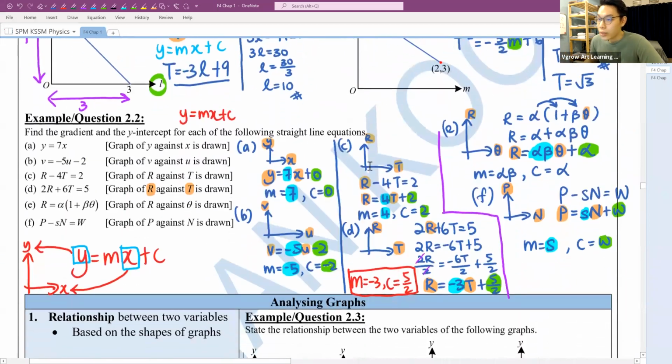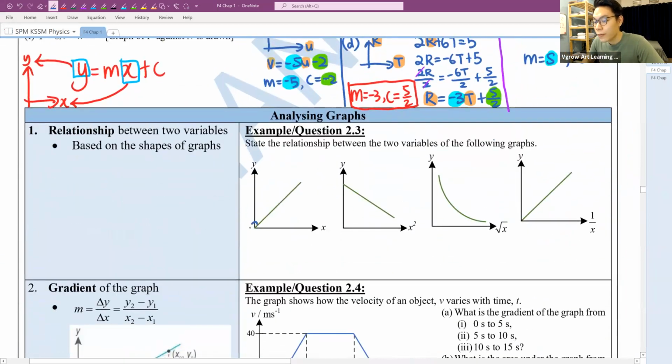Right, we know that if the graph starts with 0 and it's a straight line like this, okay, we call it y is directly proportional to x.